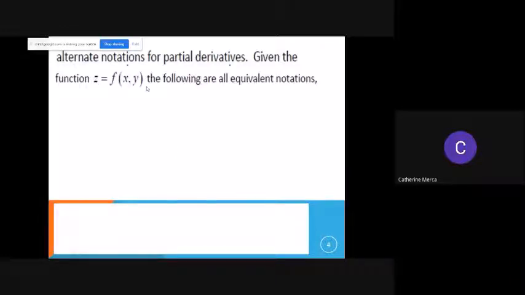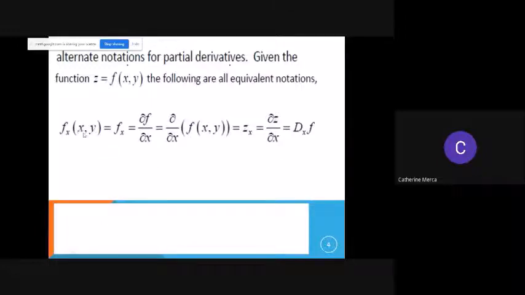Given the function z, we can call this function z, a function in x and y, we have the following equivalent notations. Instead of simply making use of f sub x of x, y, we can write f sub x, or partial of f with respect to x, or partial of the function f of x, y with respect to x, or because we rewrite z equal to this function, you can have it as z sub x, or partial of z with respect to x.